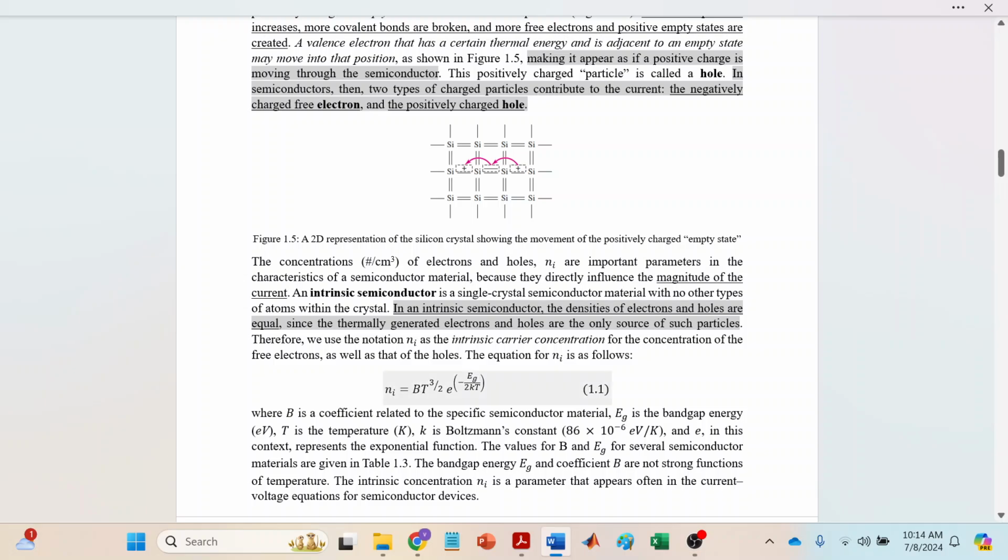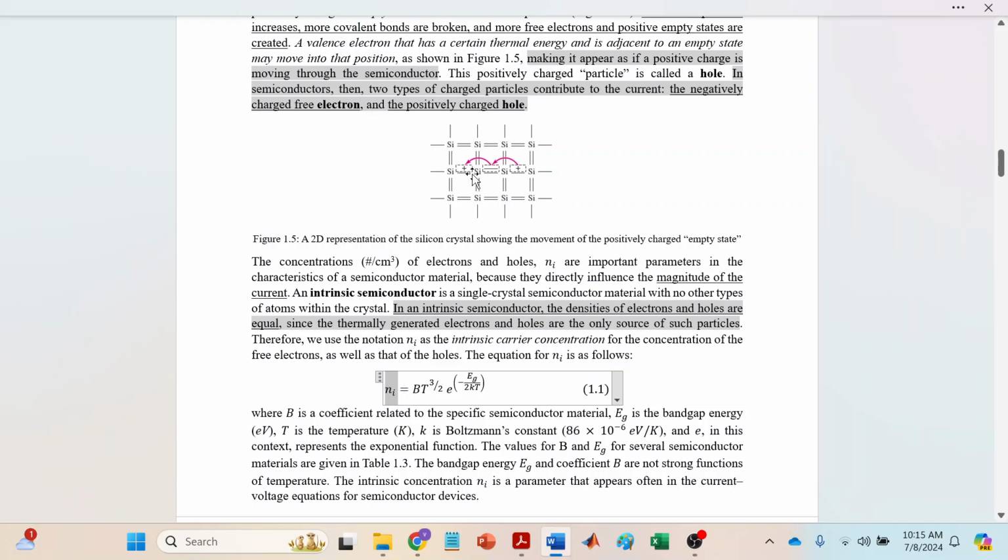The concentration of electrons and holes influences the magnitude of the current. In an intrinsic semiconductor material, the densities of electrons and holes are equal. An equal number of electrons and an equal number of holes are created.